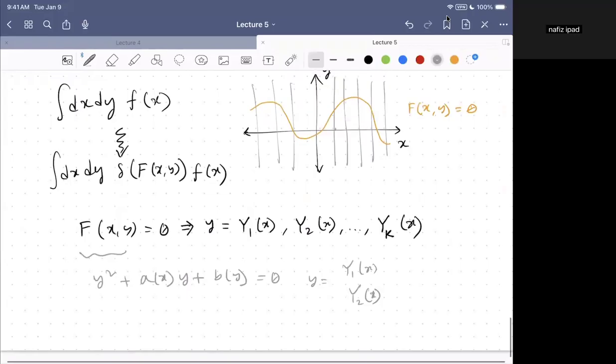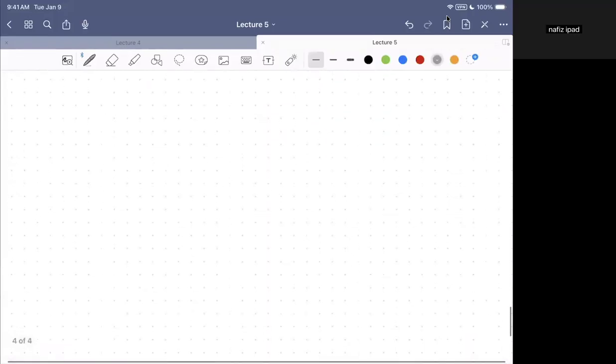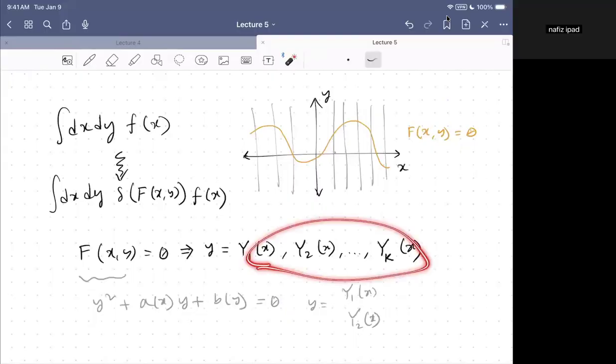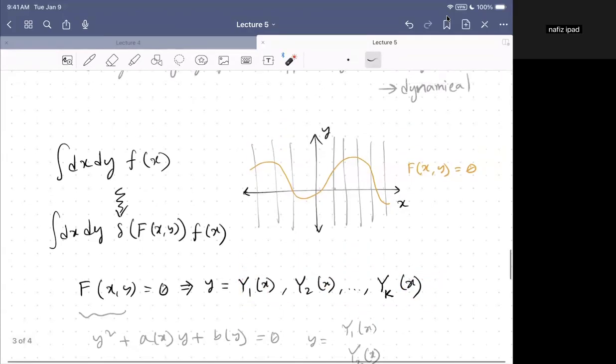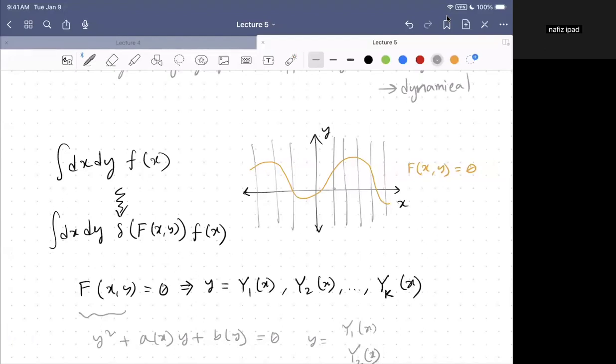So if that is the case, what would something like this mean here? I mean, this line that we drew, obviously for any value of x, there is a single value of y. So what's going on here? If you have k solutions, then for any value of x, you have k different values of y, right? So actually what's going on here is that if you pick f of x, y, which is, say, degree k in y, then you will have this situation.